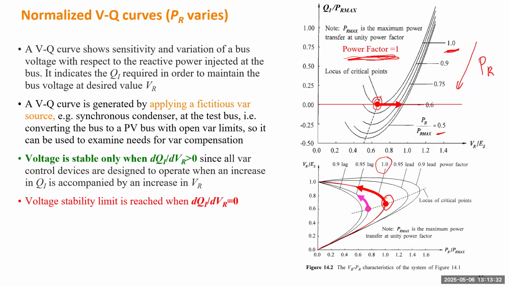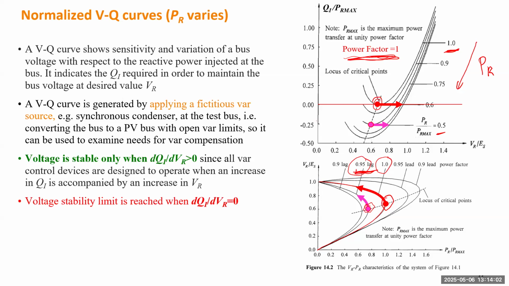Similarly, if you study another pivot curve, with 0.95 lagging power factor, starting from the critical condition and moving to the left, that corresponds to this point. Why does it start from here? Because the second condition corresponds to a lagging power factor with additional reactive load at that bus.